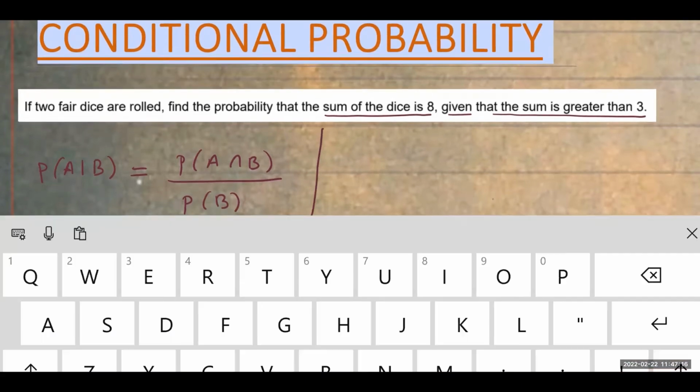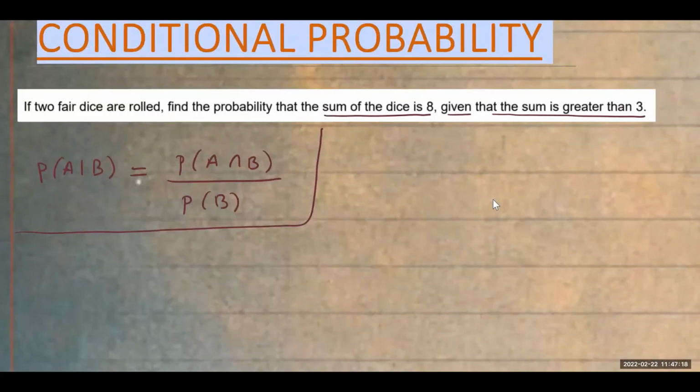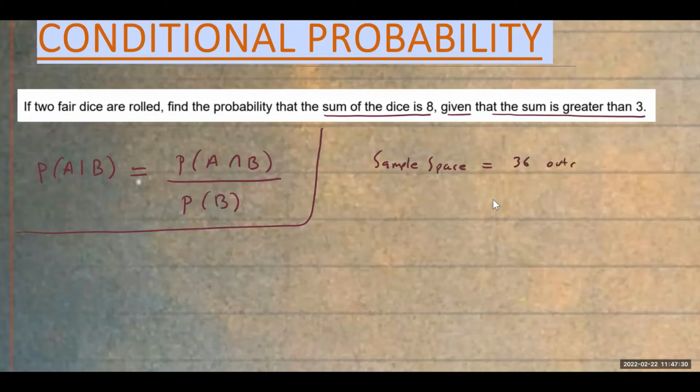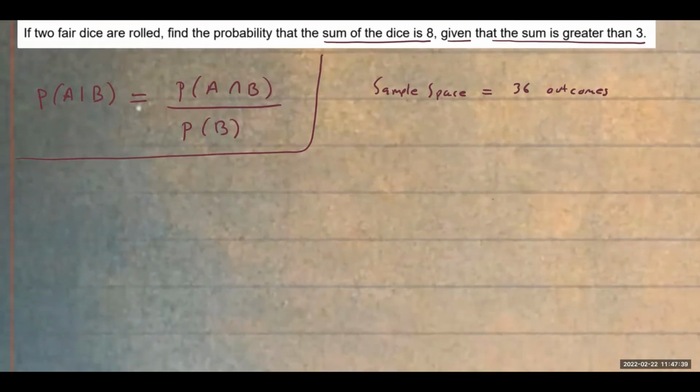So when you toss two fair dice, you know the sample space will have 36 sample points. So your sample space has 36 outcomes. I'm going to go ahead and list them for you so that you see the possible outcomes. So 2 dice, which means I will create a table for it.